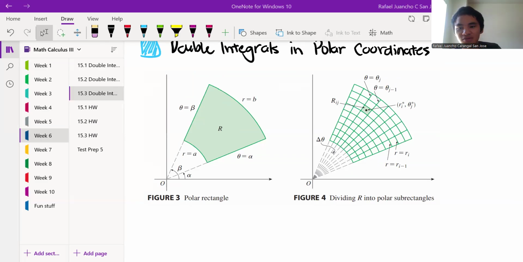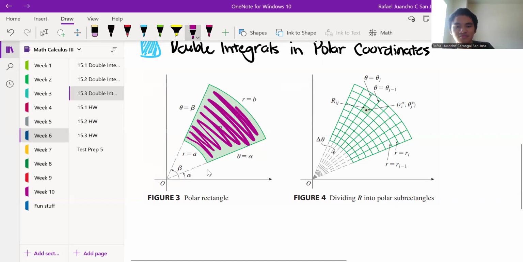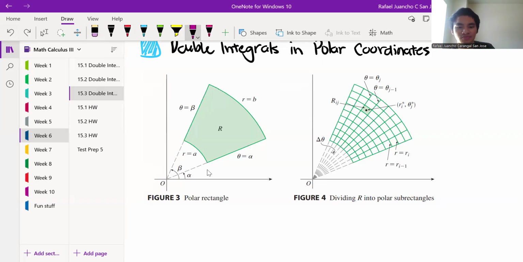In order to compute some double integral, so actually R is the region. This particular region, the green region, that one. So that capital R, we call that a polar rectangle.